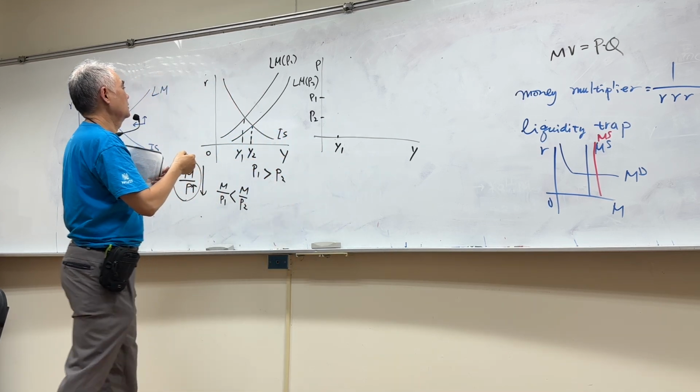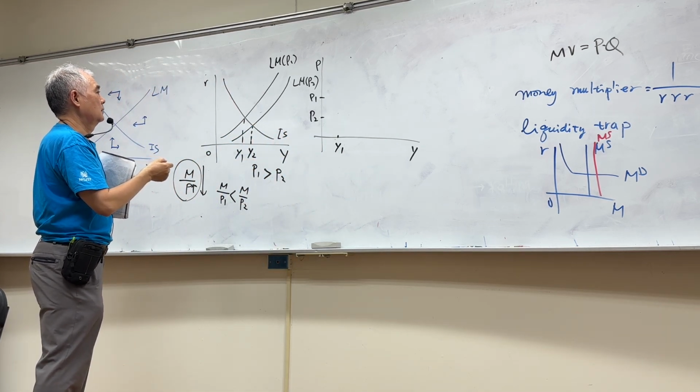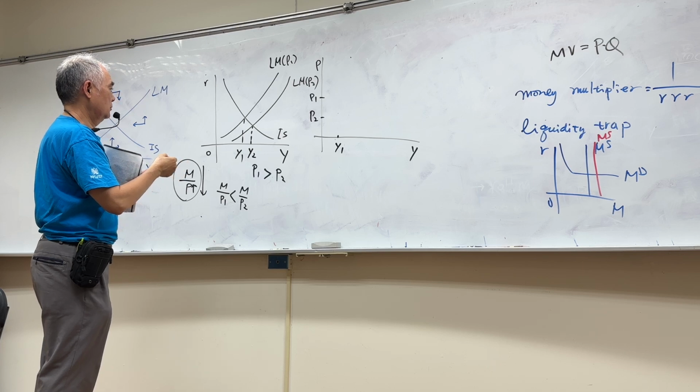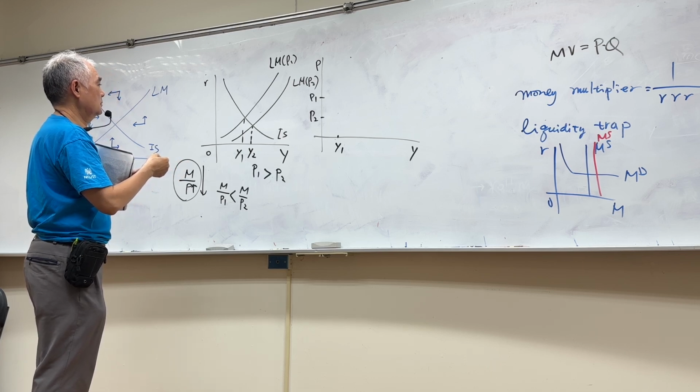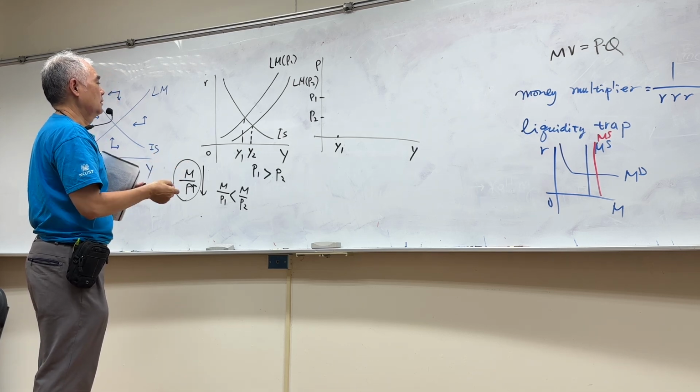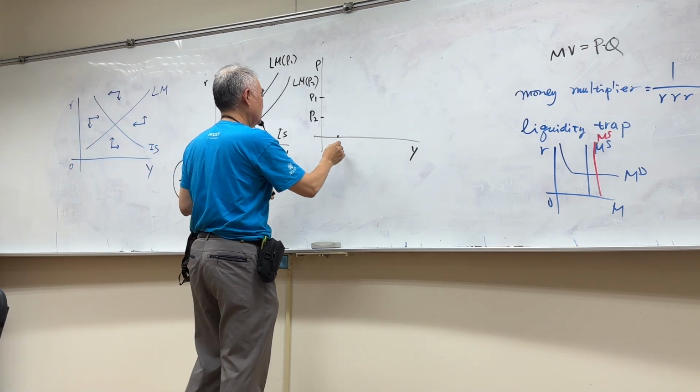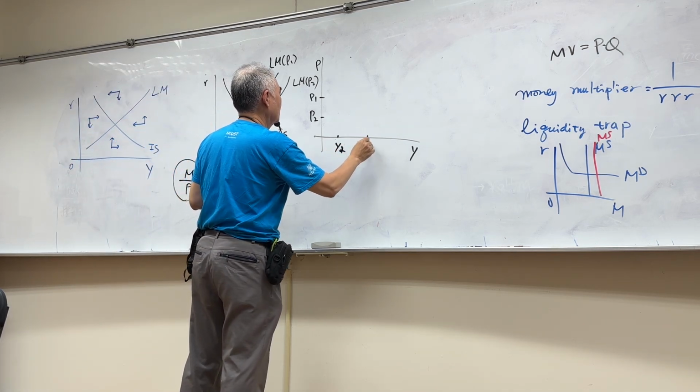So, hold on. Do I get it right? Yes. P2 is smaller, okay? So here Y2 and here Y1.